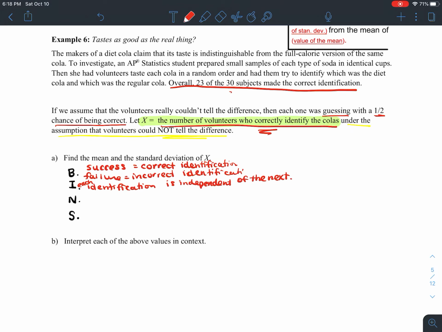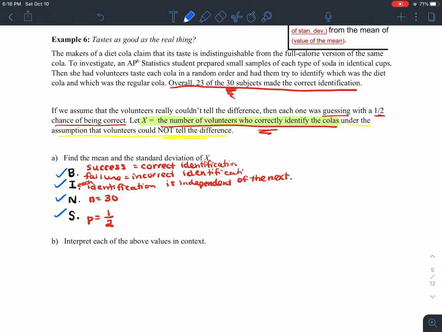Okay, the number of trials here, it says that there were 30 subjects, so that is the number of trials, and the probability of successfully or correctly identifying the colas, now look back here, it says under the assumption that they actually couldn't taste the difference, we're just assuming that they are guessing. It's like a 50-50 chance that they would guess it right. So the probability of a correct identification would simply just be a 1/2.